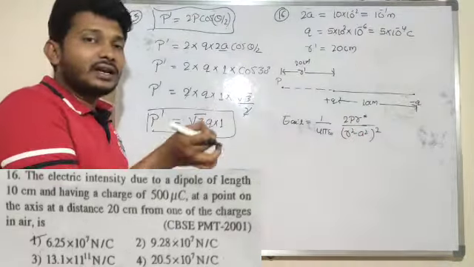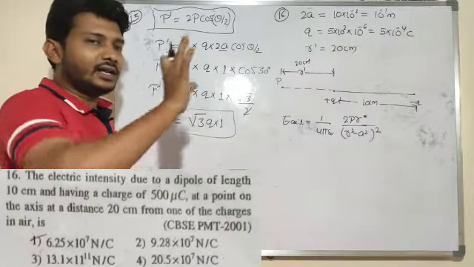Here r represents the point of observation from the center of the dipole.